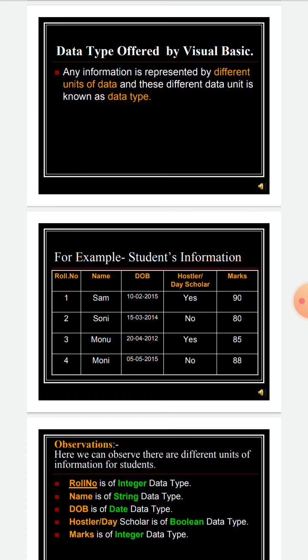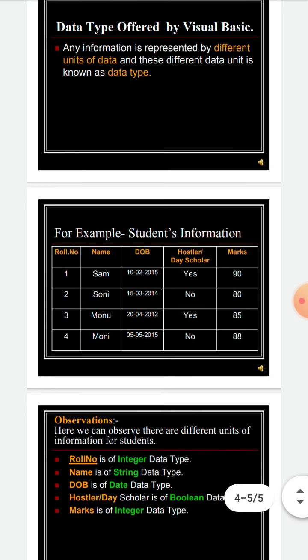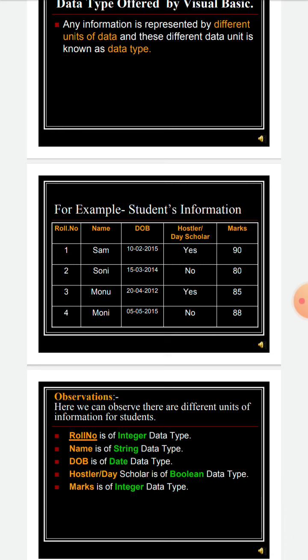So roll number is one data type, name is another data unit, date of birth is another data unit, hosteler or day scholar is another data unit, and marks is another data unit, which convey different information of a student. So roll number 1 Sam, date of birth is 10 February 2015, hosteler yes, marks 90.